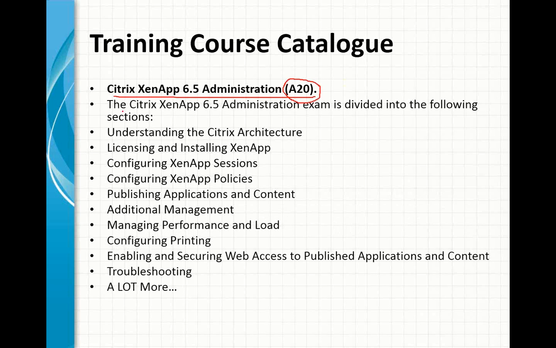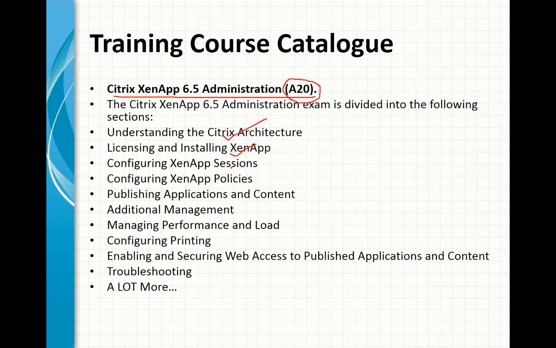Basically, the Citrix XenApp 6.5 administration exam is divided into a few sections: Citrix architecture and installation, XenApp session management, policies, application, desktop and content, additional management of XenApp, managing performance and load, configuring printing and secure web access, publishing applications and content, troubleshooting, and a lot more.